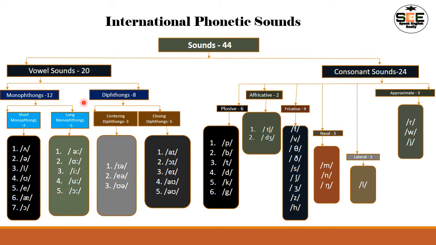So let's start. Which sounds make what kind of sounds? First of all, we can see here vowel sounds: 20. We know that there are only 5 vowel letters: a, e, i, o, u, but these 5 vowel letters produce 20 sounds.